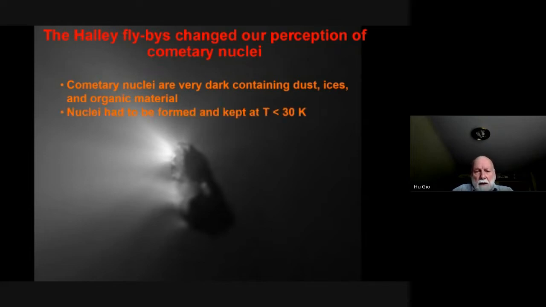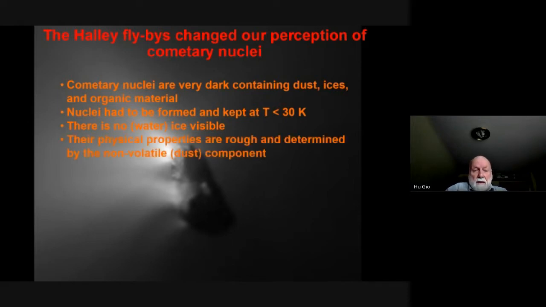The nuclei had to be formed and kept below 30 K because of the large amounts of highly volatile CO and CO2 observed. As I mentioned already, there was no water visible on the surface. That was to all our surprise, I think. The physical properties of the nucleus were rough and determined by the non-volatile dust component.